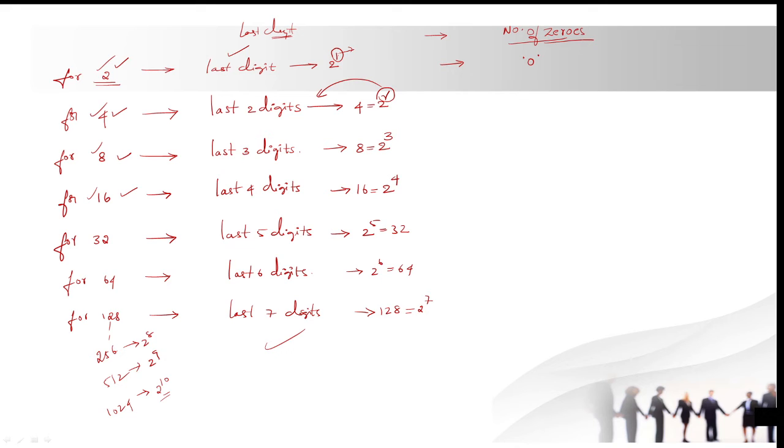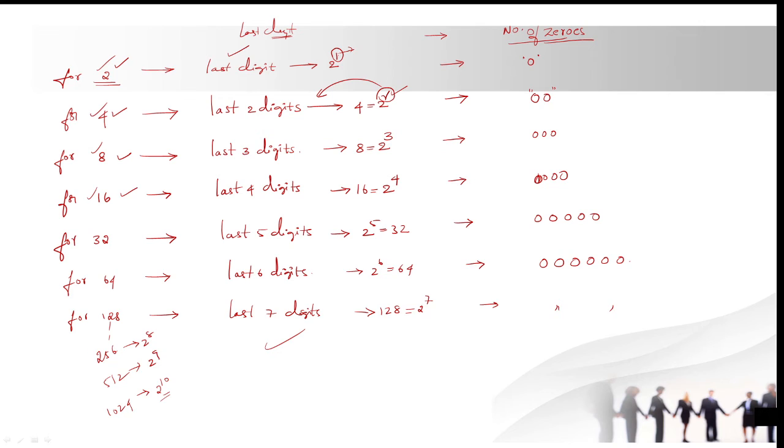If you are able to find one 0 at the end, you can tell the number is divisible by 2. Okay, if you are able to find two zeros at the end, then the number is divisible by 4. Why? Because 4 is nothing but 2 power 2. So for 8 it means 3 zeros. For 16 it means 4 zeros. For 32 it means 5 zeros. And for 64 it means 6 zeros.